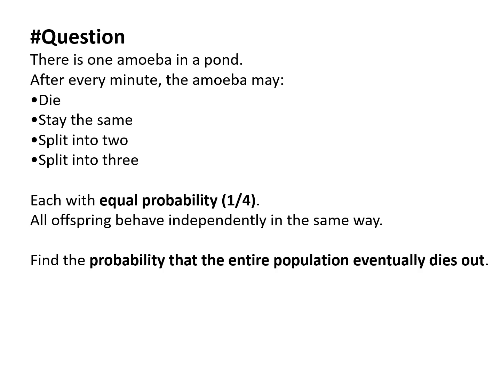So what's the problem saying? So we have a pond here. There is one amoeba. After every minute, this amoeba will go into one of these four states. So let's say it splits into two. So we have two amoebas after first minute.